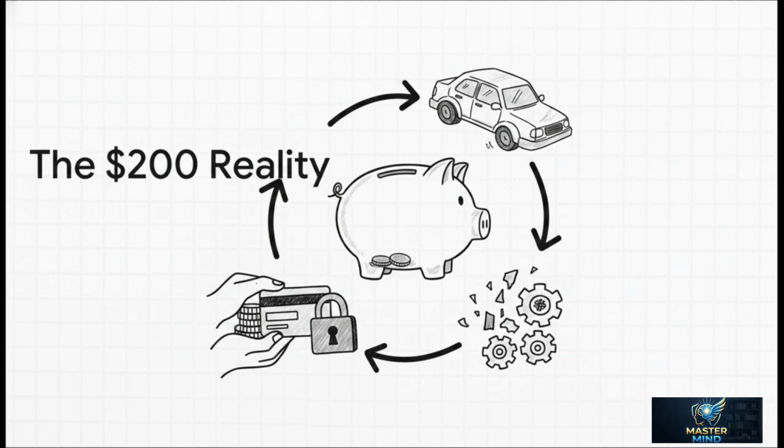And if a real emergency happens, say you get a blown tire on the highway, and you desperately apply for a credit card, the system doesn't offer you help. It offers you a secured card. They literally ask you for $300 of your own money to hold as collateral just so they can generously lend it back to you at 24% interest. At $200, the bank absolutely does not see you in their attention. You just exist as a tiny data point on their books.